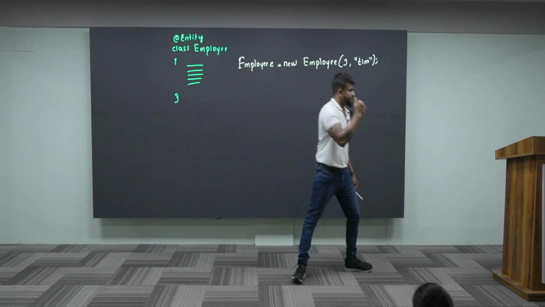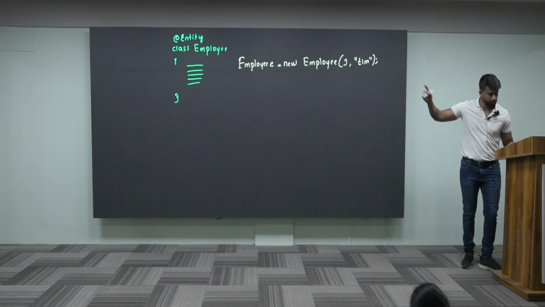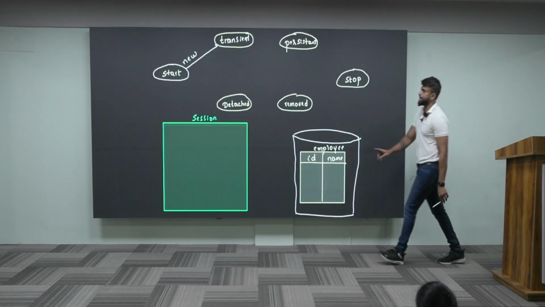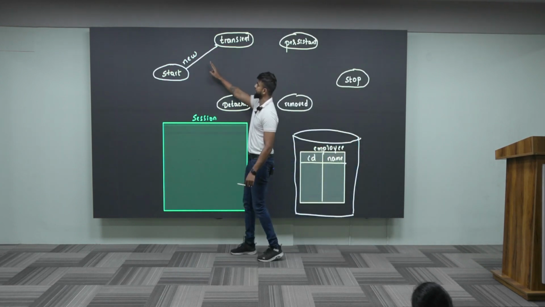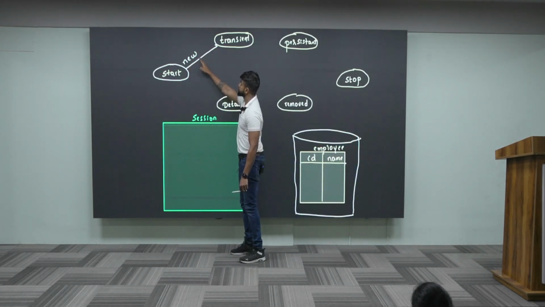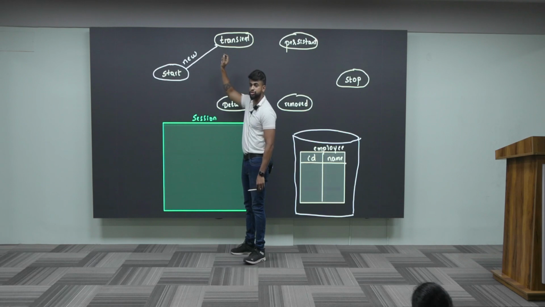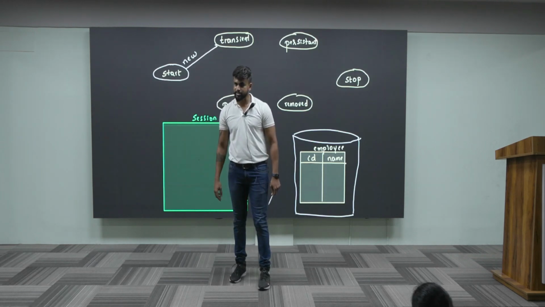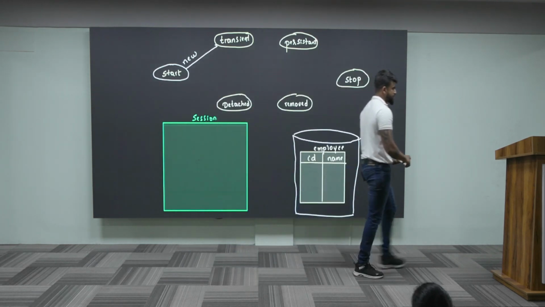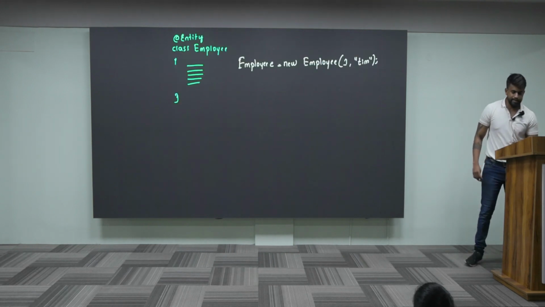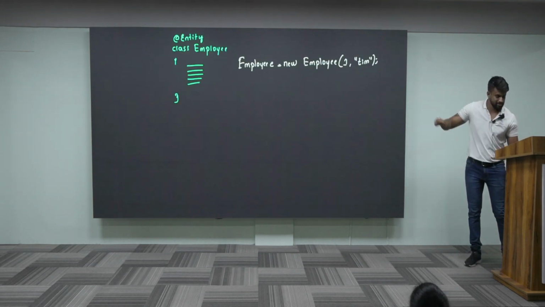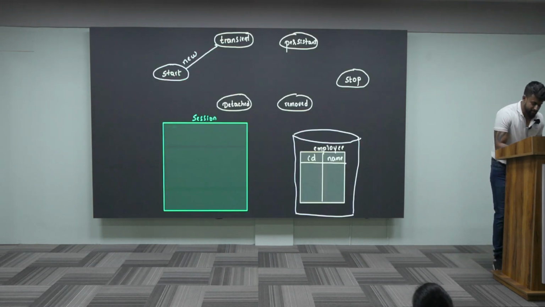Means when you write new Employee, when you create a new object of an entity, that object will go to the transient state. The meaning of this is that when you write new Employee like this, immediately one object gets created, and where?